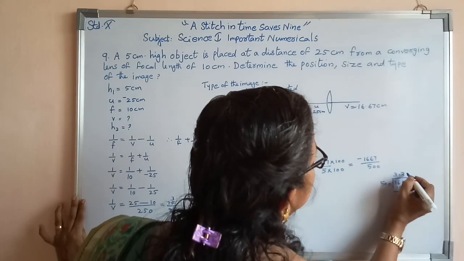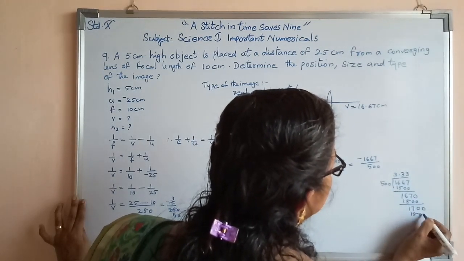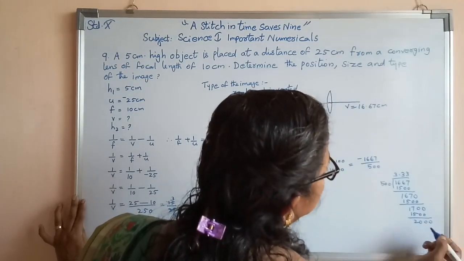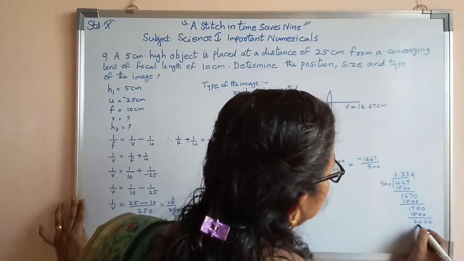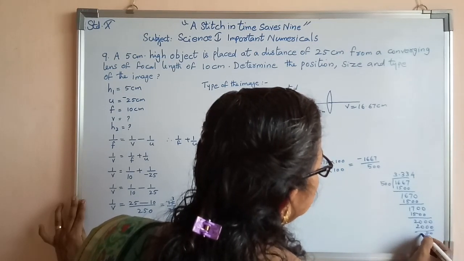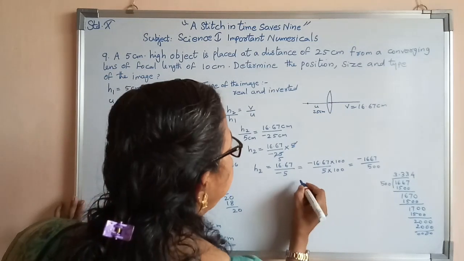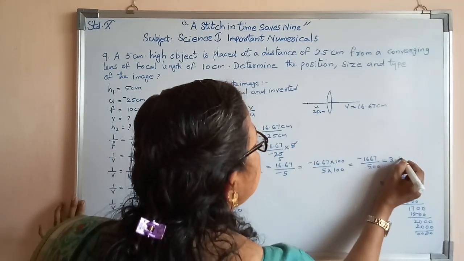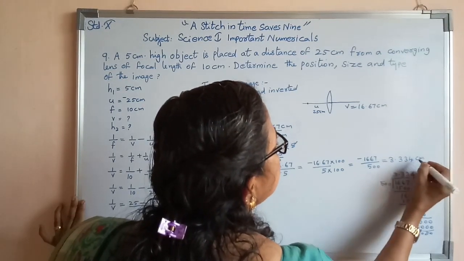In that again 3 times it will go, 1, 5, 00, 0, 0, here 2. Now 1 more 0 we put. In that it will go 4 times. So here we are getting 2000. So now H2 is equal to how much we have got? 3.334 centimeter.